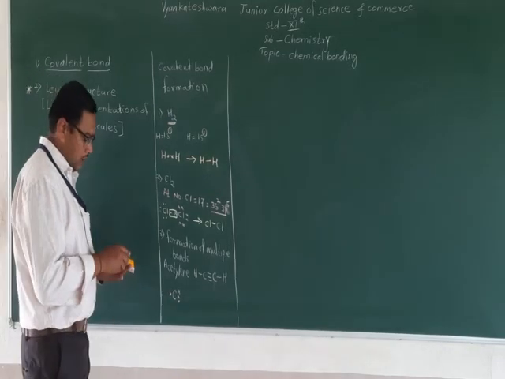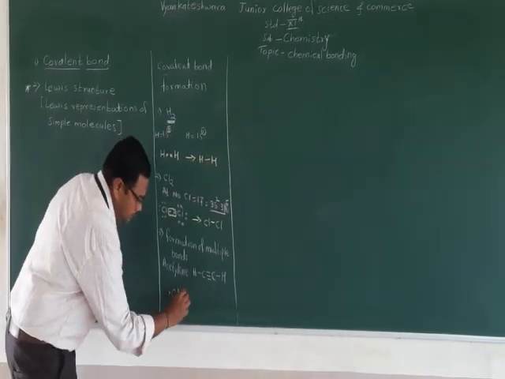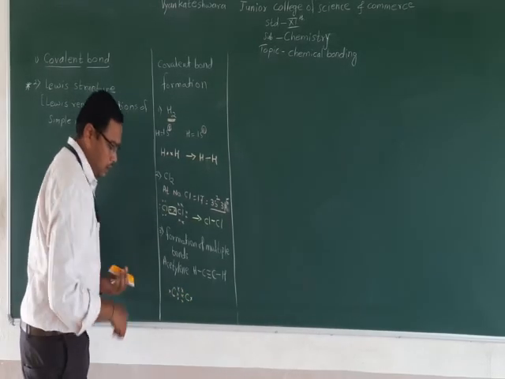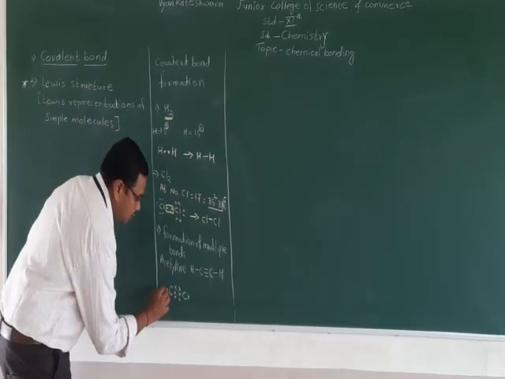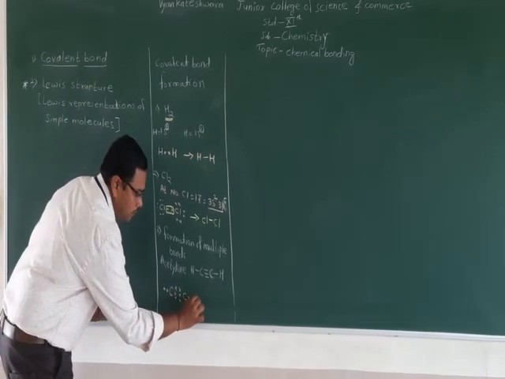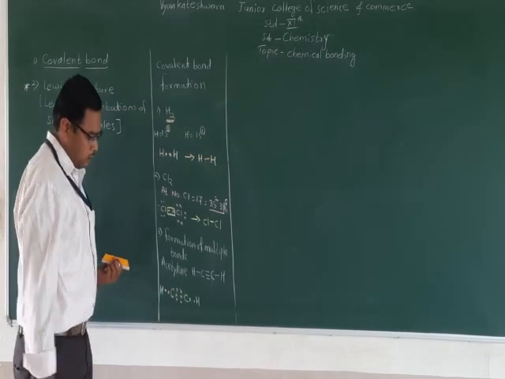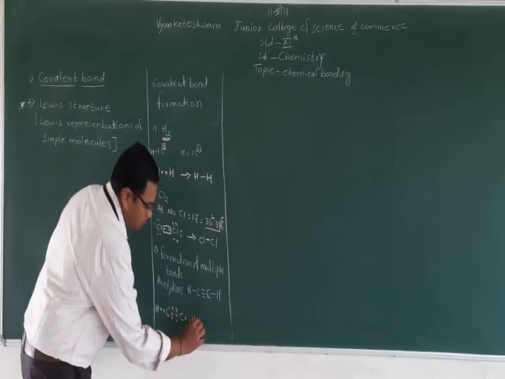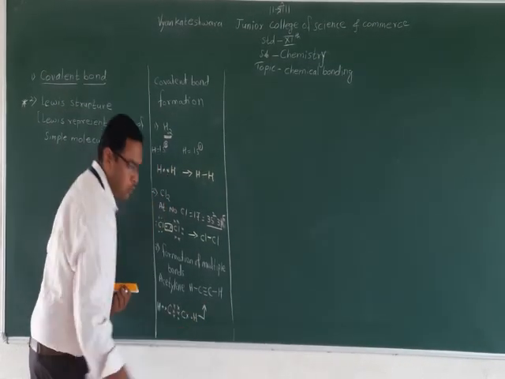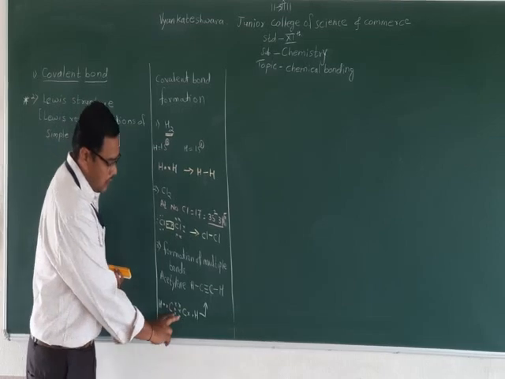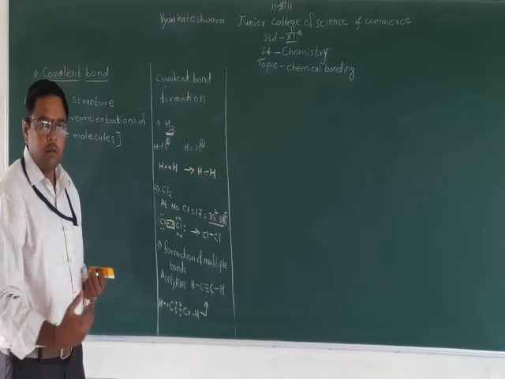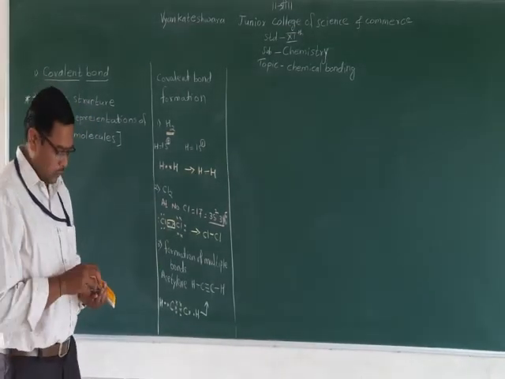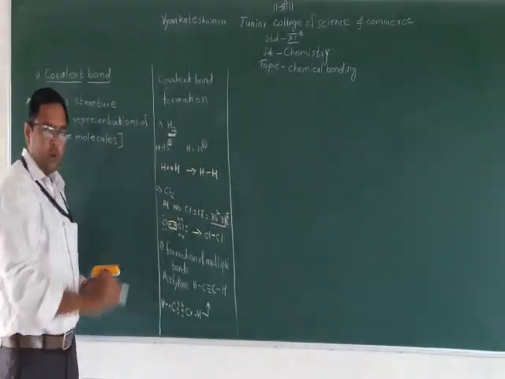There are 4 electrons in the outermost shell, and each hydrogen contains 1 electron, and therefore these electrons combine in pairs and form the acetylene molecule. The number of shared electrons increases when there is a formation of multiple bonds. If only one pair is shared, then there is a formation of a single covalent bond. This is about the covalent bond.